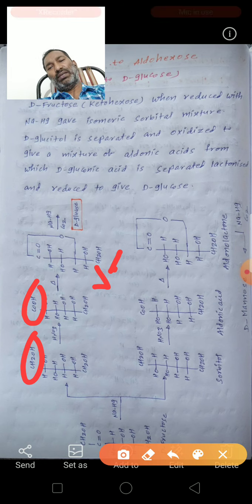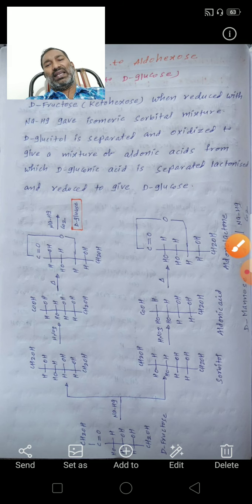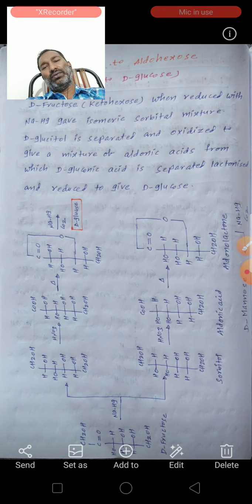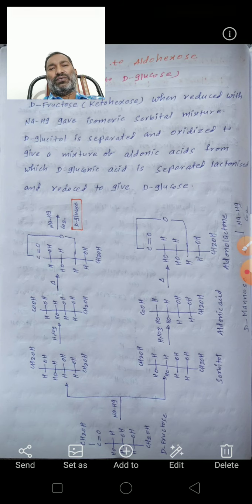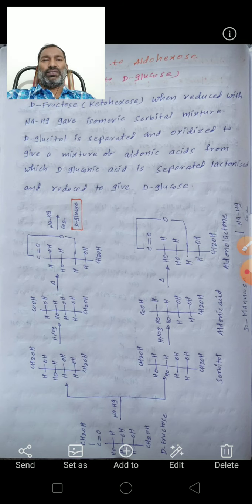So here C double bond O, CHOH, CHOH, CH. The lactone group takes cyclization at the fourth carbon, so this is a gamma lactone. On reduction with sodium amalgam, this gamma lactone is converted to D-glucose.